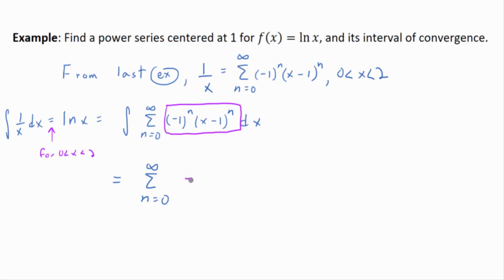So negative 1 to the n is going to stay there. Negative 1 to the n, x minus 1 to the n plus 1 over n plus 1. And then we add in a c, right? But we have the ability to find out what c is in this case because ln of x is a known function. If ln of x weren't a known function, we wouldn't be able to find c.